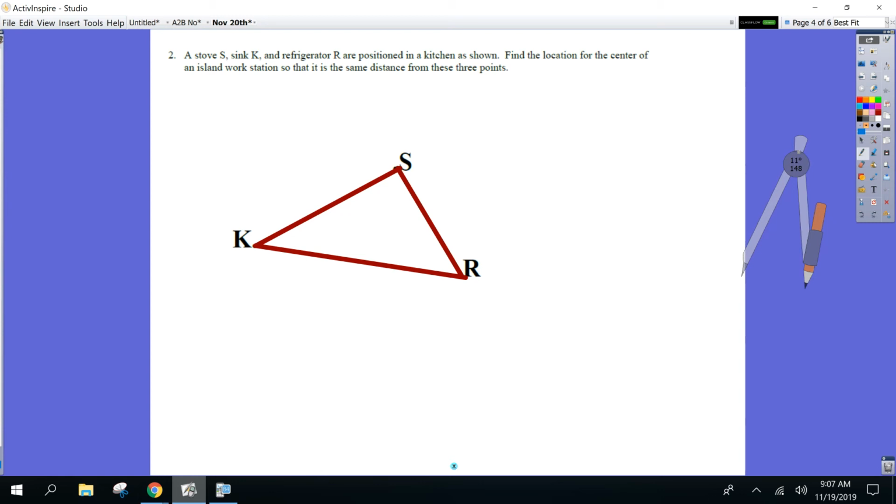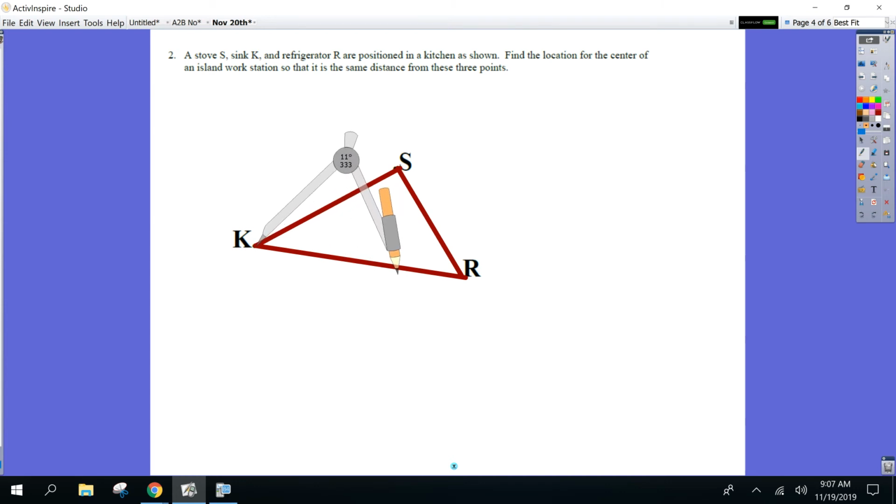Now I have to review with you. How do I use that compass to do a perpendicular bisector on a side? Say I want to do the perpendicular bisector for KR. Anybody remember how to use the compass to do it? Put your compass on one of the points and open it up more than half the distance.